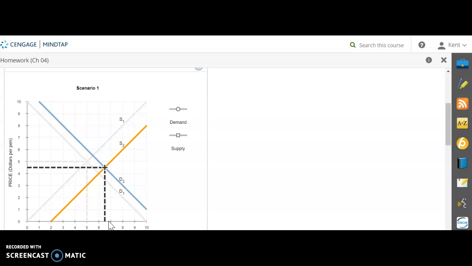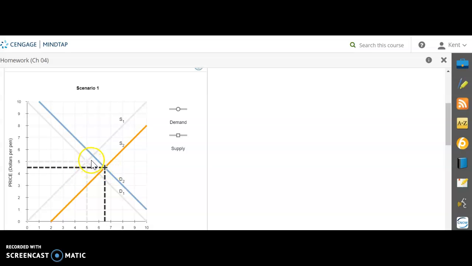However, what happens to price is kind of ambiguous. It can't be really determined. Which curve shifts the furthest will determine what happens to price. Now, in this example, notice the price actually falls. And that's because supply shifts further than demand.